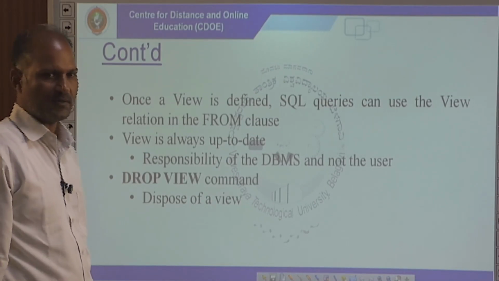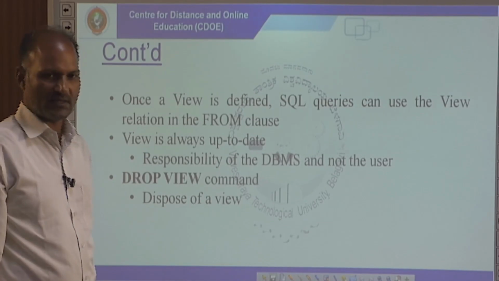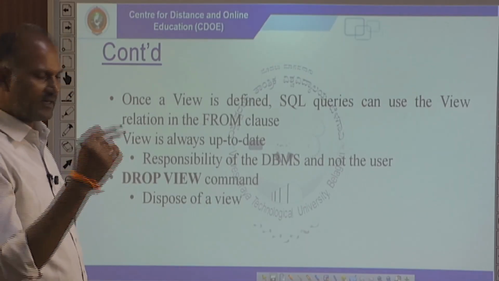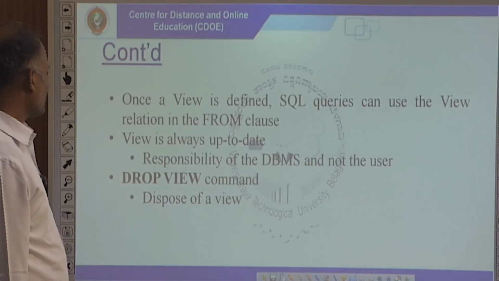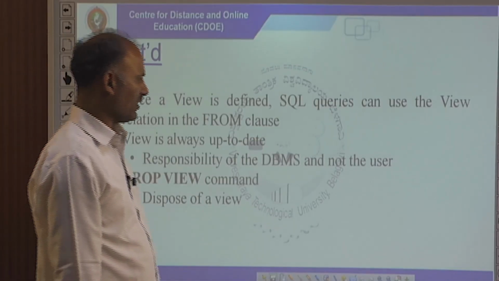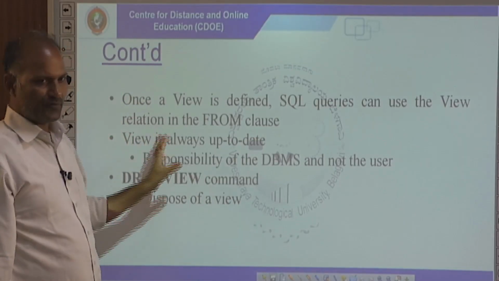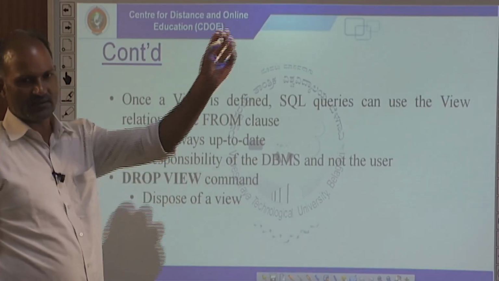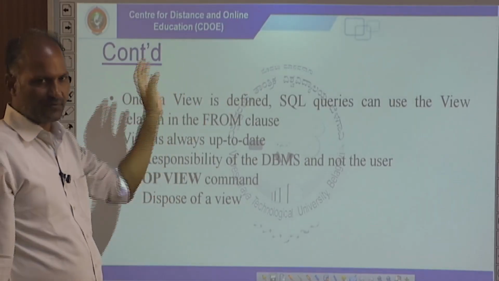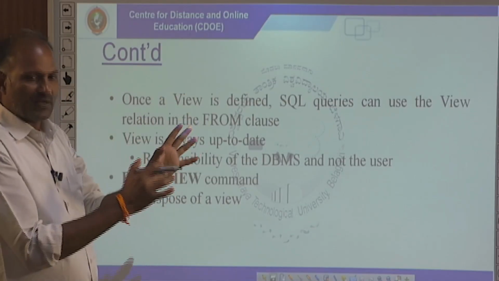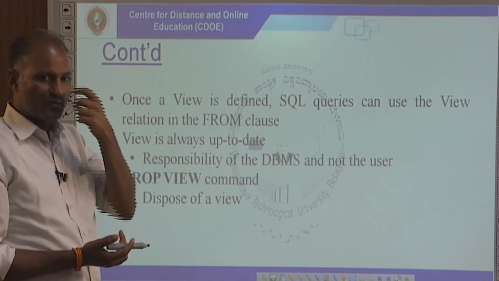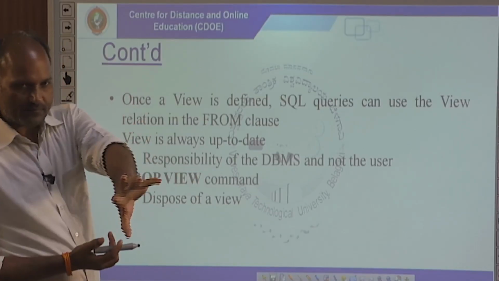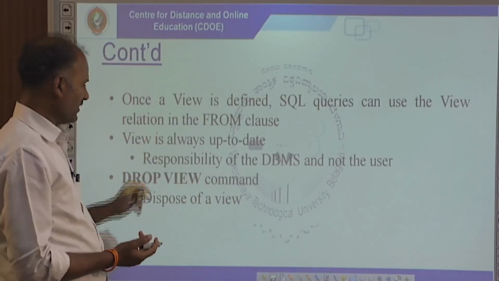Always up to date means the data present in the table and the data present in the view must be the same. Whose responsibility is that? It is the responsibility of the DBMS and not the user. The DBMS takes care of updating the views by getting the data from the table.